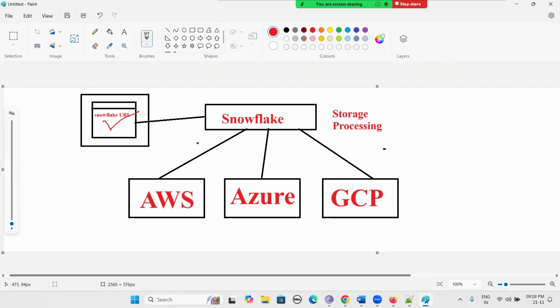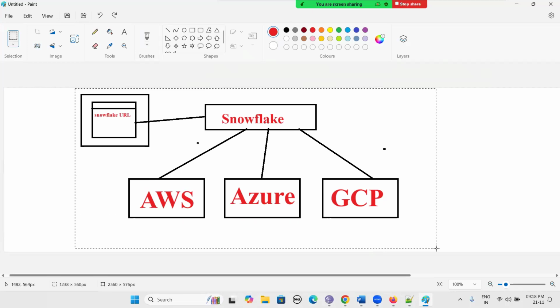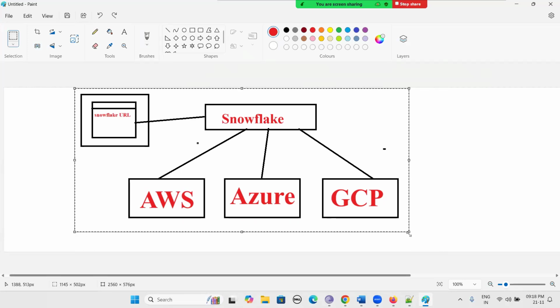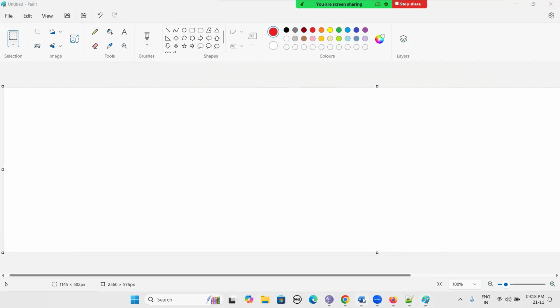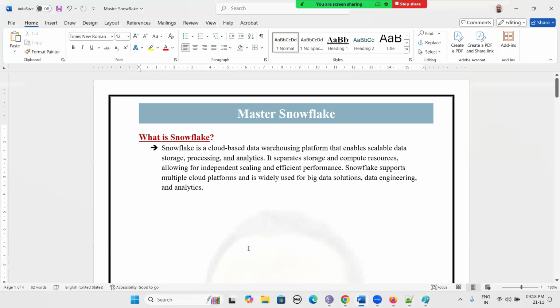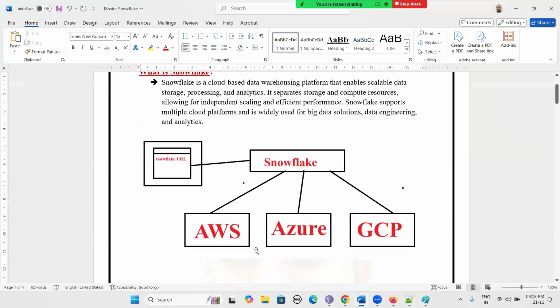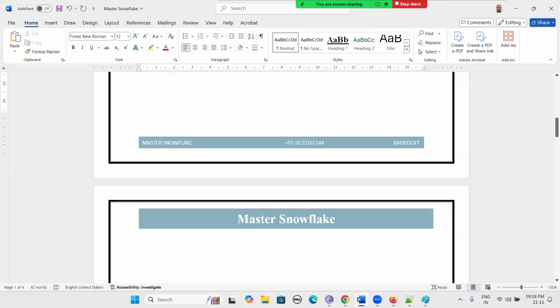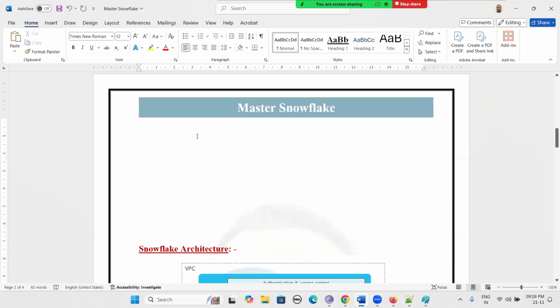Let's discuss Snowflake architecture so that you will get a clear understanding. Let's say this is my Snowflake architecture.